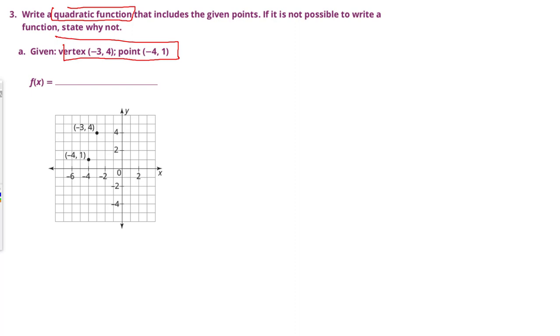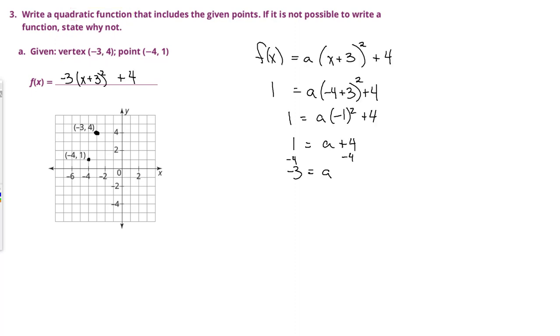So you're going to use the vertex and the point to help find the equation. You should have found the equation as -3 times x plus 3 squared plus 4. And so if you need to see the work of how you do that, it's over here on the side.